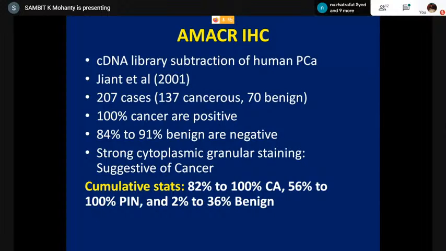There were 270 cases, 137 cancers and the rest benign. It is 100% cancers are positive, but benigns are usually 80 to 90% negative, but some can be positive.